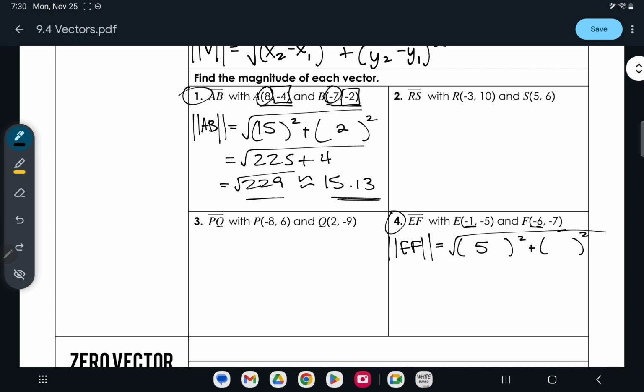So that's a distance of 5. And then -5 to 7, that's a distance of 2. So 25 and 4. So the square root of 29, which is about 5.39. All right.